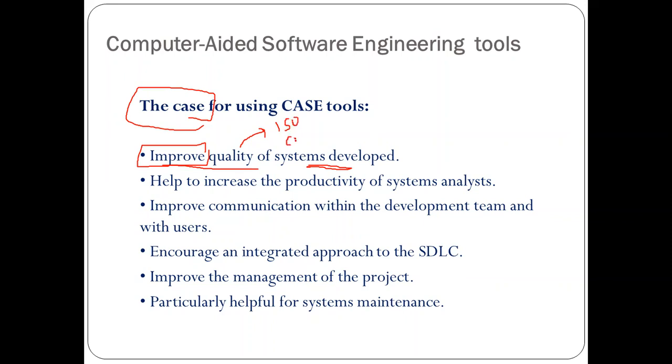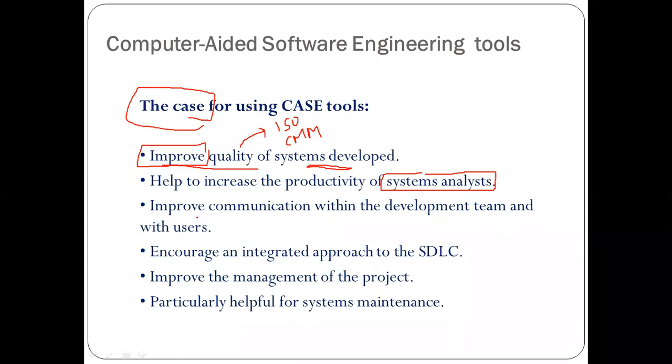These are the features which need to be included to provide quality for the system to be developed. Next point is that it helps to increase the productivity of system analysts. Here we are talking about system analysts, but with the help of these CASE tools we can increase the productivity of developers, of testers, of maintenance phase people, and everyone.